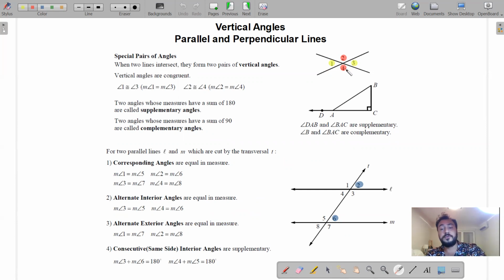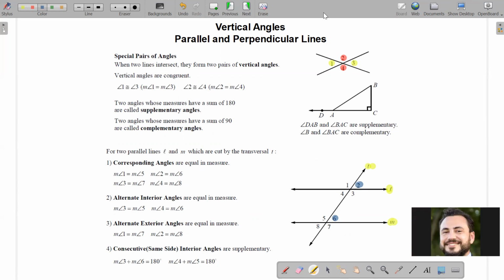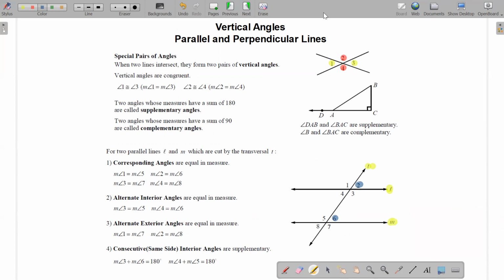In fact, if we have two parallel lines L and M, and then a transversal line T, we are going to have many similar angles. For example, the angle 2 and the angle 4 are going to be the same. Why? Because of the special pair of angles that we saw before.